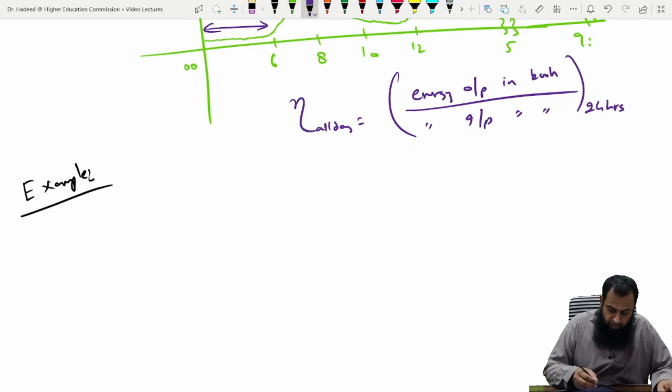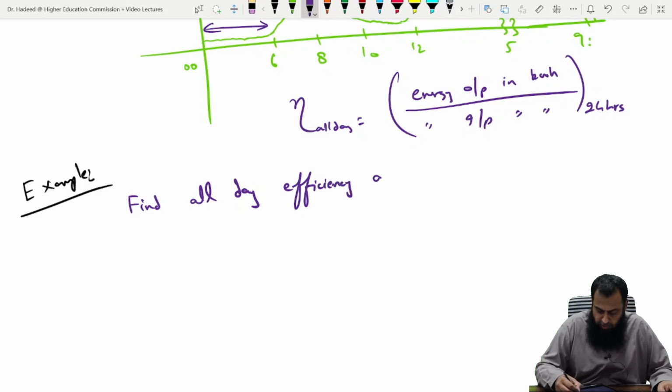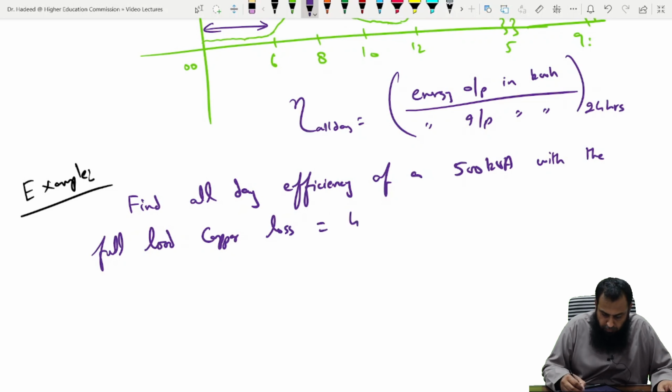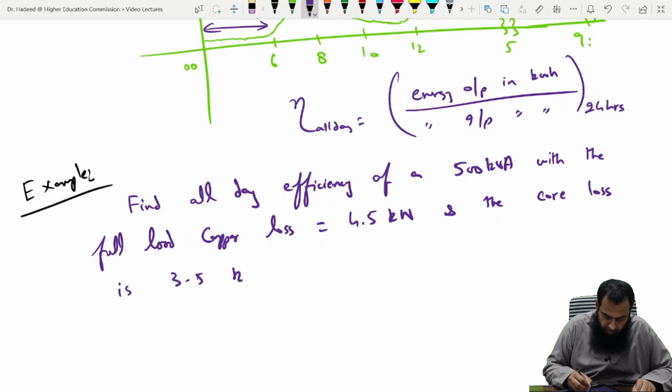So for example, we have to find the all-day efficiency of a transformer, which is rated 500 kVA with the full load copper loss equal to 4.5 kilowatt, and the core loss, which is a fixed loss, 3.5 kilowatt.